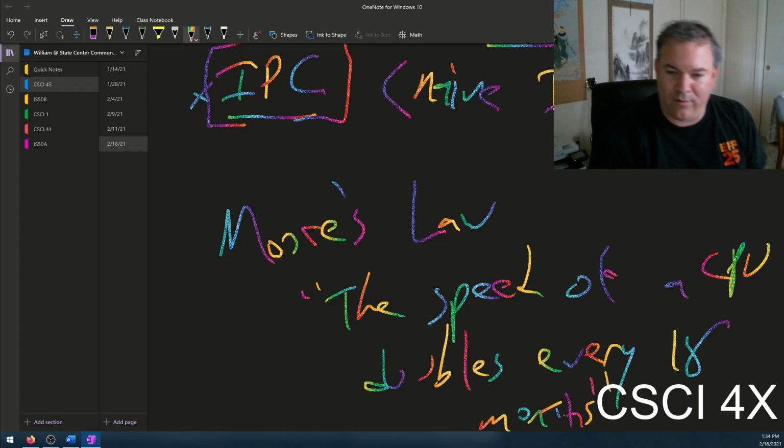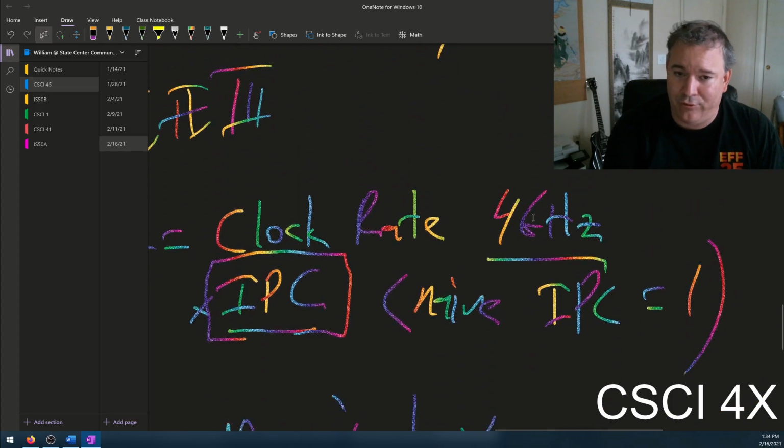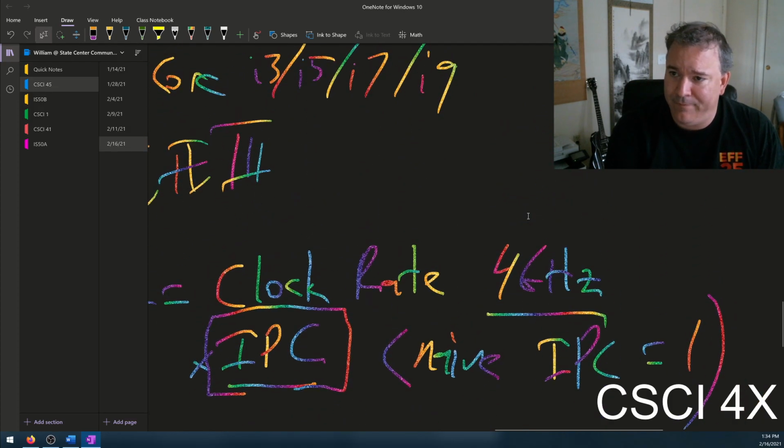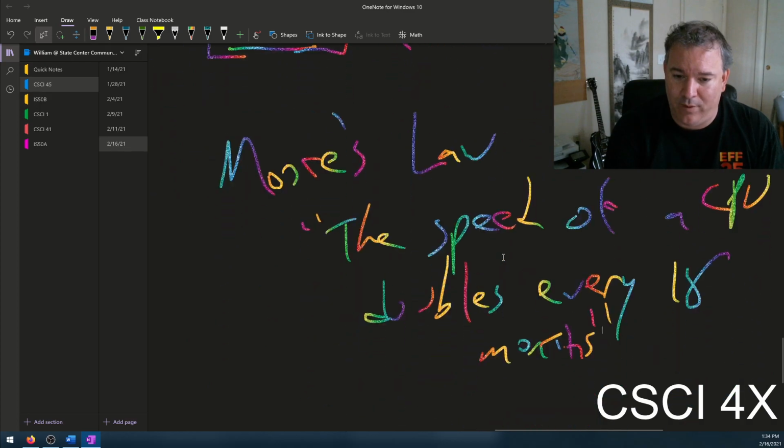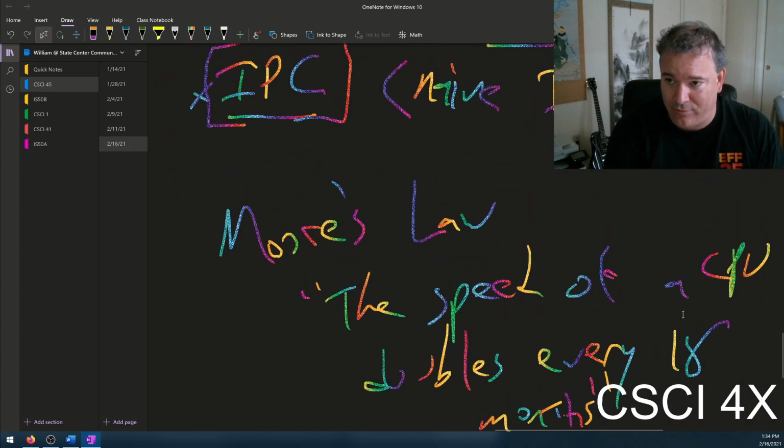It's not really a law, it was just an observation he made, and it actually held true for about 30 years or so. It's broken now. We have not been able to keep up with Moore's Law because exponential growth is difficult to do. The fact that it held up for 30 years is really impressive.